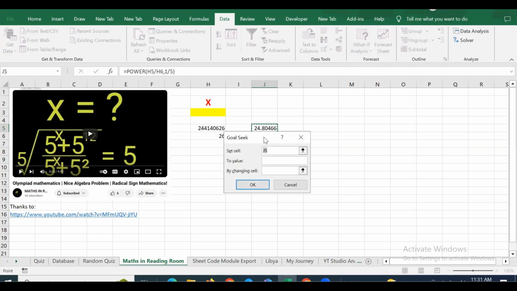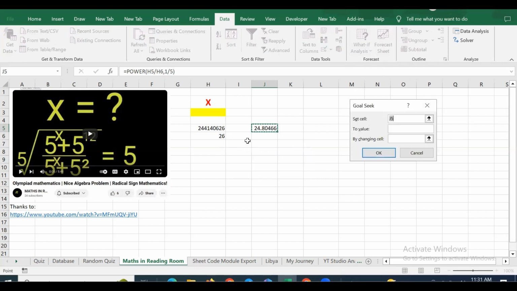In the goal seek, we are going to set this cell to a value of 5. We want this to be the value of 5, by changing this cell, so that it becomes 5.